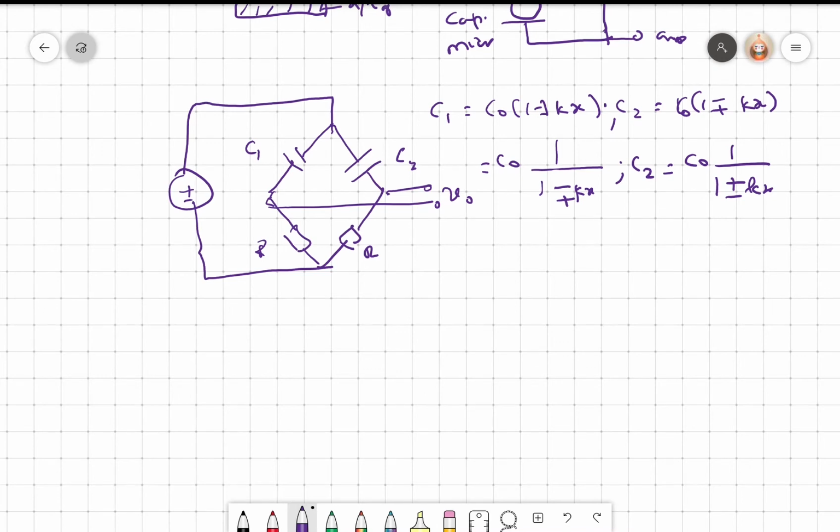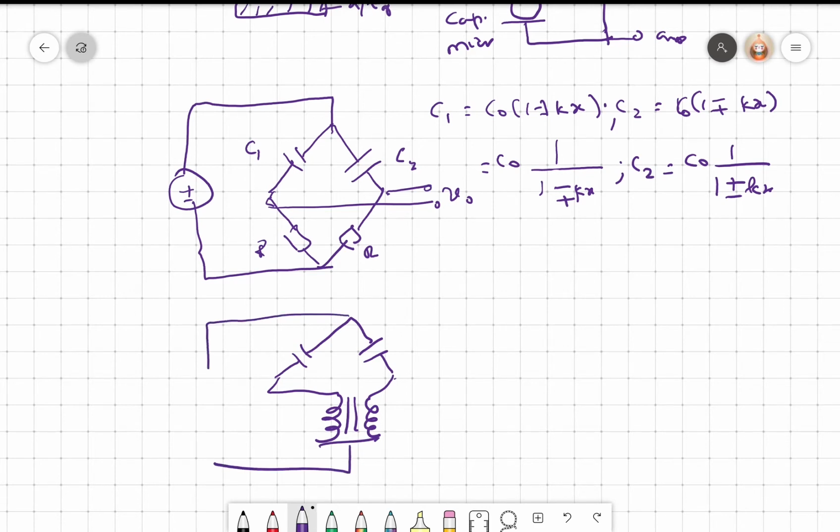One form of bridge that is quite popular, which we already saw, is called the Blumlein bridge, which was quite popular for differential capacitive sensors for signal conditioning.